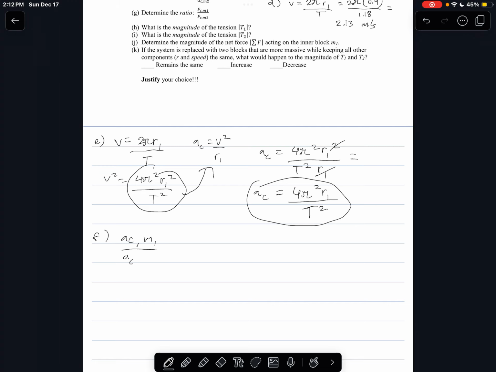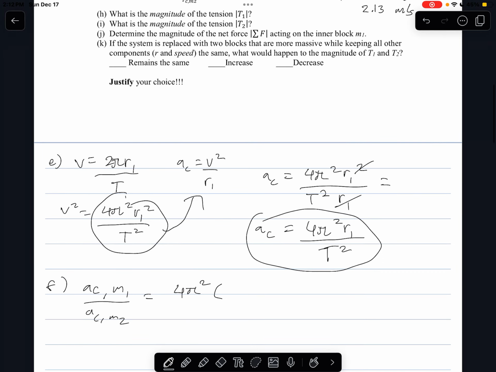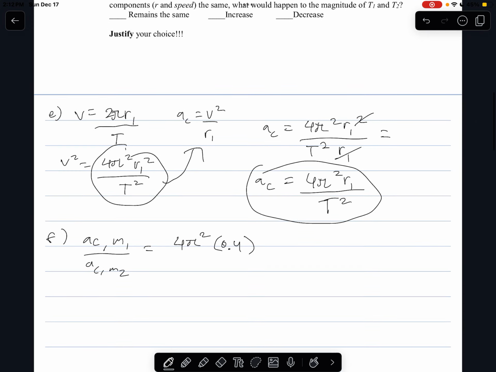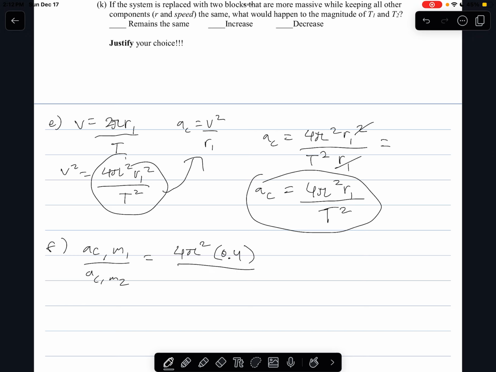So for AC of mass 1, you have 4 pi squared times the radius of M1, which was 0.4, over T squared.